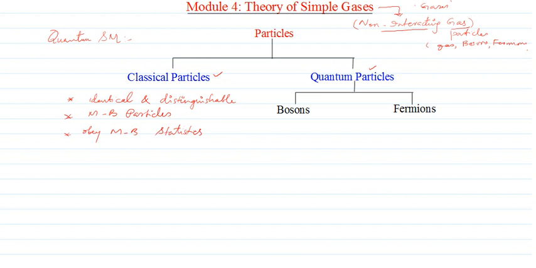It just means that they are obeying a set of statistical rules proposed by Maxwell and Boltzmann. That's all. MB statistics is nothing but a set of statistical rules proposed by Maxwell and Boltzmann.